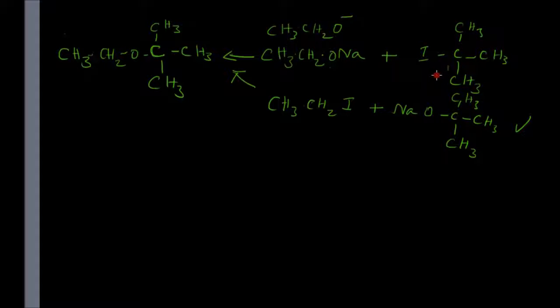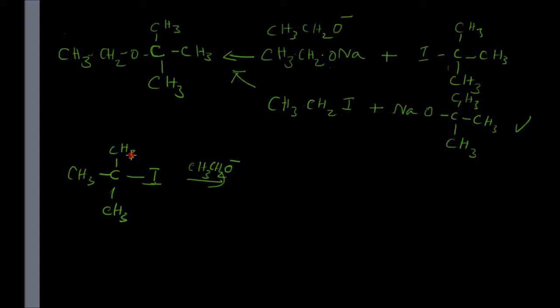I will show you the elimination reaction here. So when this tertiary butyl iodide is in the presence of a base, ethoxide ion here will pick up, see, this iodine here will pick up hydrogen from the beta carbon atom.